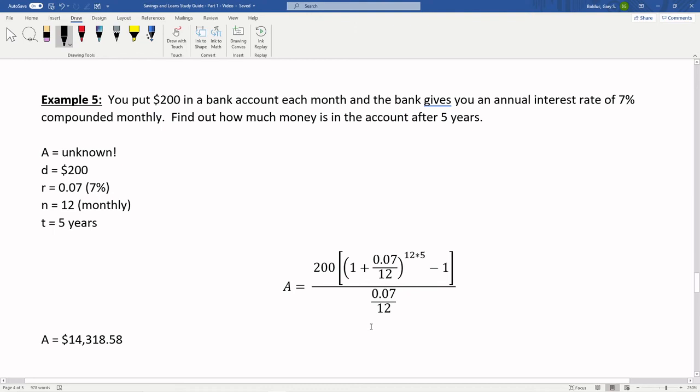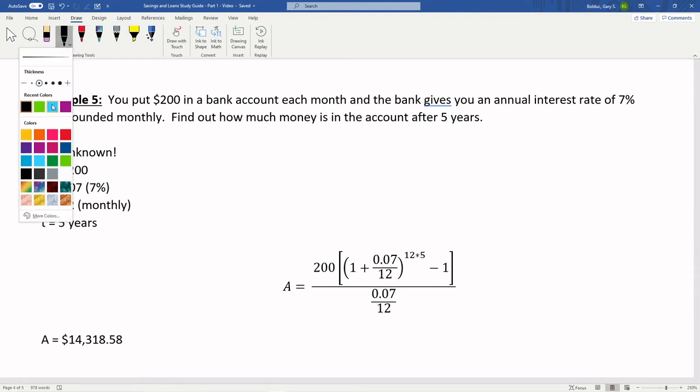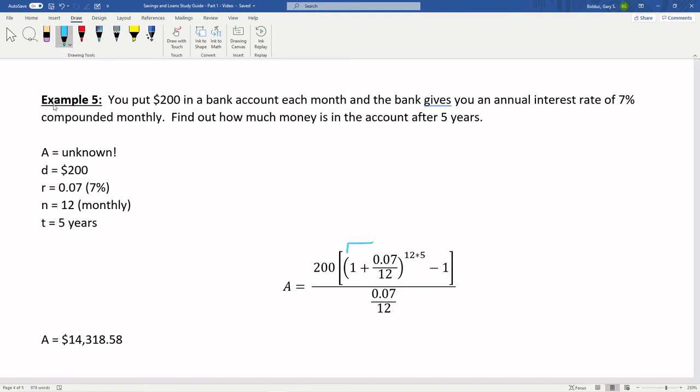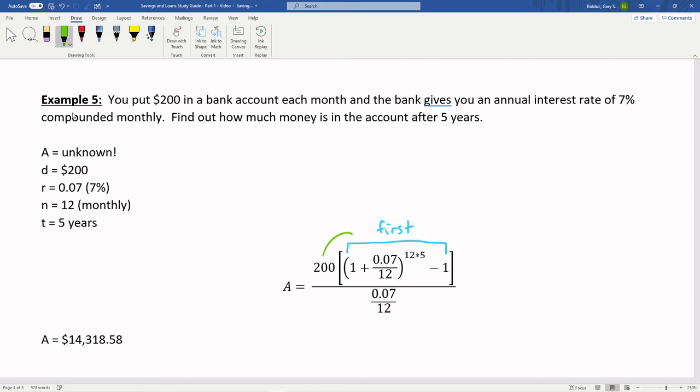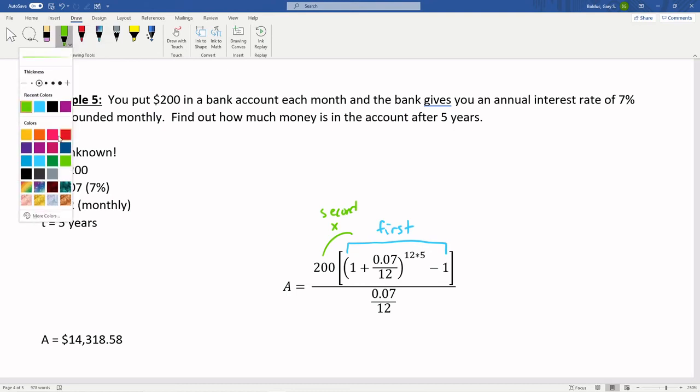Again, you're going to want to be careful depending on the calculator that you have. Some options that you can do are just this piece. Do this first in your calculator. You don't have to, but it could be useful. Do this first. Then you can bring this in. Do this second. And then once you've multiplied those, you've got a number, you can then divide.